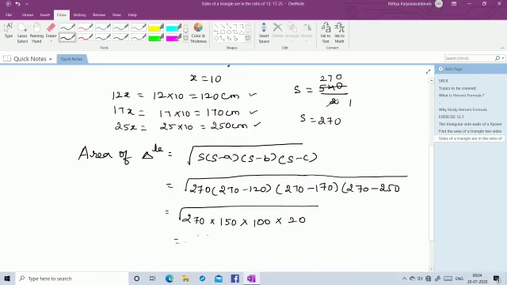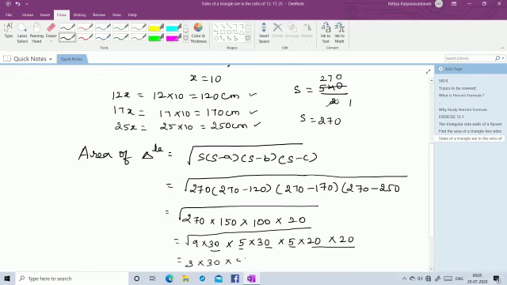So then you can split the numbers. 270 we can split 9 into 30. Then 150 we can split 5 into 30. Then 100 we can split 5 into 20. Then 20. So 20 we have 2 times, 5 is also 2 times, and 30 also 2 times. 9 is a perfect square, so 9 square root is 3.